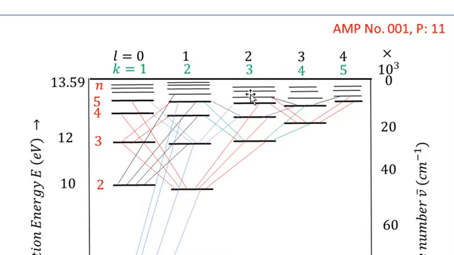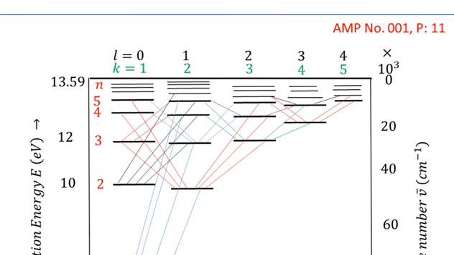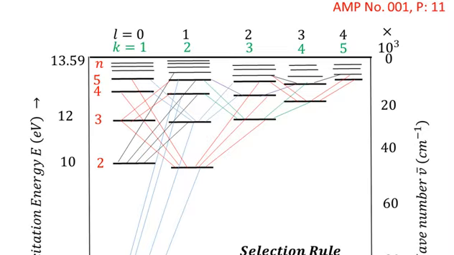In the next few slides, I shall be explaining these numbers L and K, because later on we shall see that these are also recorded as quantum numbers. So at present, you should not confuse yourself with the quantum numbers. You should just take them as integer values: L starting from 0, K starting from 1.